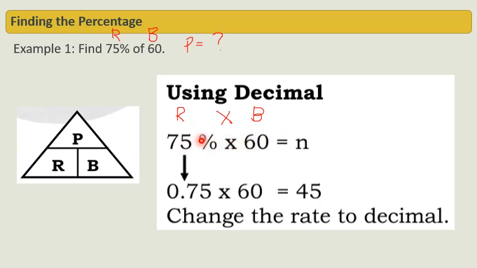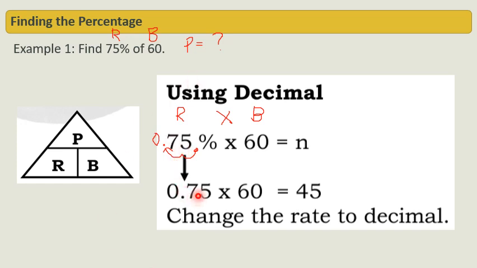And since naka-percent pa itong 75 natin, we have to convert it into decimal. So pag kinonvert natin sa decimal, we just have to move the decimal point 2 places to the left. So kung nandito ang decimal point natin, imomove lang natin siya ng dalawa, 1, 2. So dito na natin ilalagay yung ating decimal point, dagdagan na natin ng 0 sa unahan.